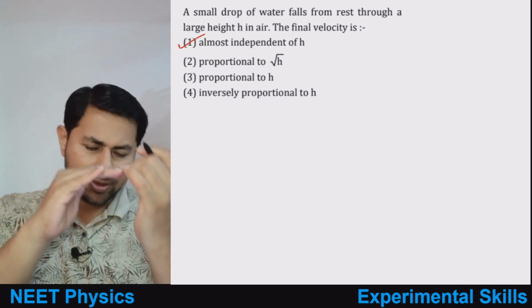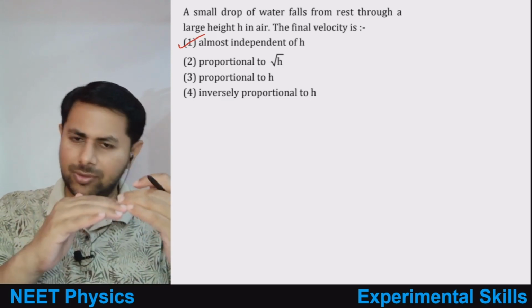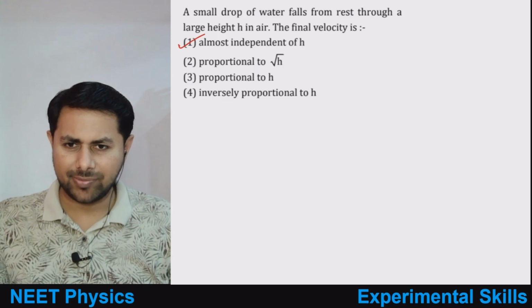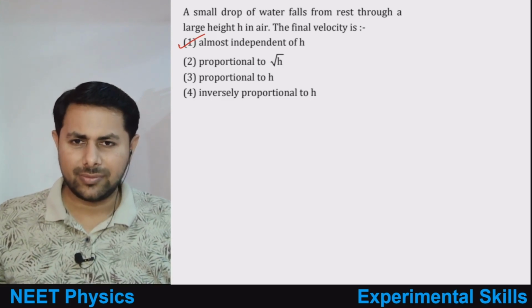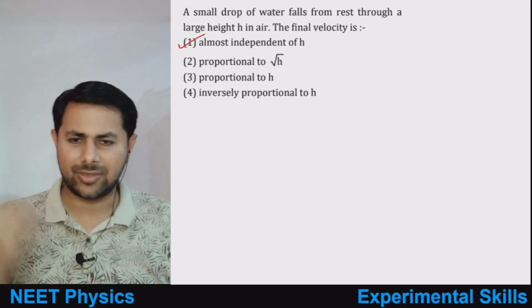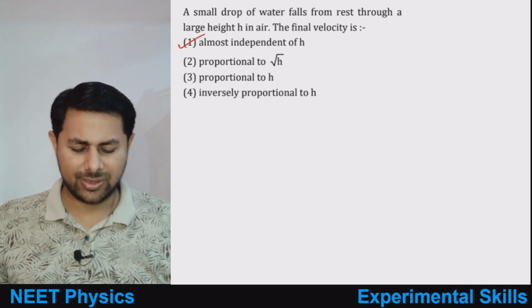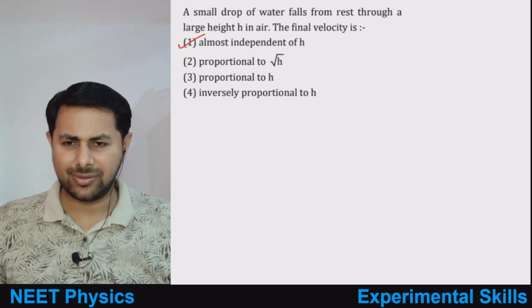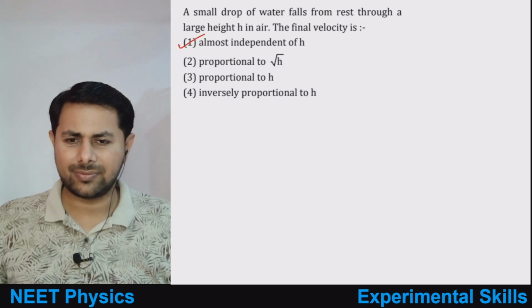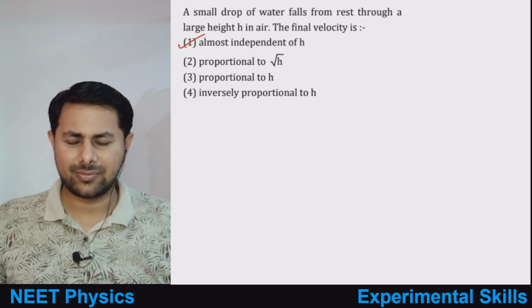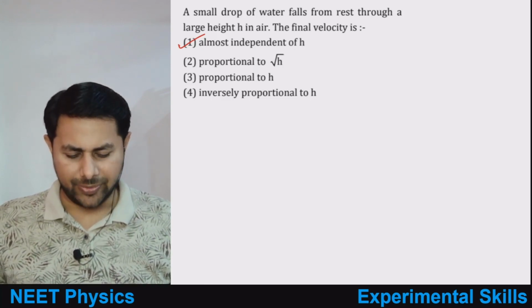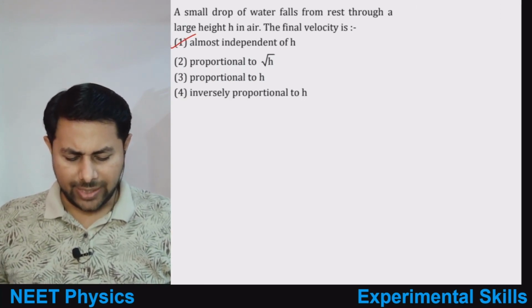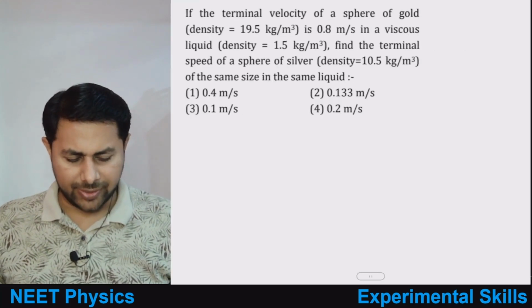Suppose it falls 10 kilometers or 20 kilometers, does it matter? It doesn't matter. From that point onwards its velocity will be constant. So it is independent of h. That's the answer, almost independent of h.